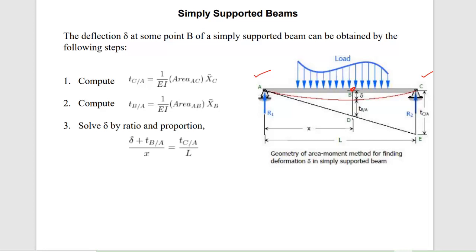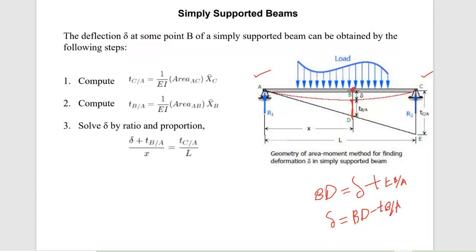And then we can calculate the TB by A. So TB by A means this distance, right? So if I consider this BD equals to, we can say, del plus TB by A, right? Okay. So similarly we can say that del equals BD minus TB by A.